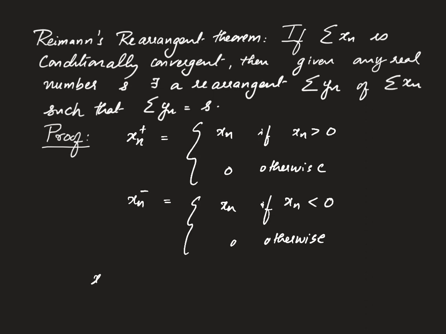Notice that xn is equal to xn⁺ + xn⁻. Notice here we can look at the series Σxn⁺ as the series of positive terms and the series Σxn⁻ as the series of negative terms. So that is why we have defined it like this.